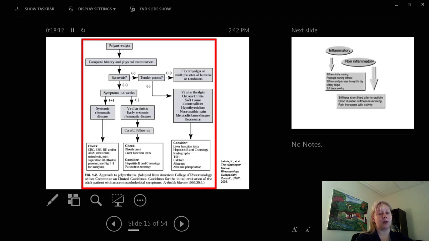When you're feeling it, the difference is it's spongy feeling. It's not like crepitus, but it just is spongy, like it'll kind of bounce off a little bit. So it'd be good if you had some experience with that in your clinicals or know somebody that has that. So is there synovitis?